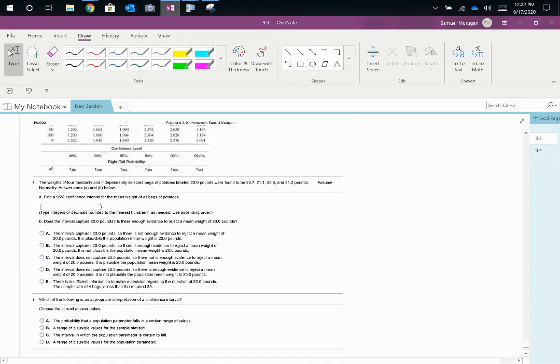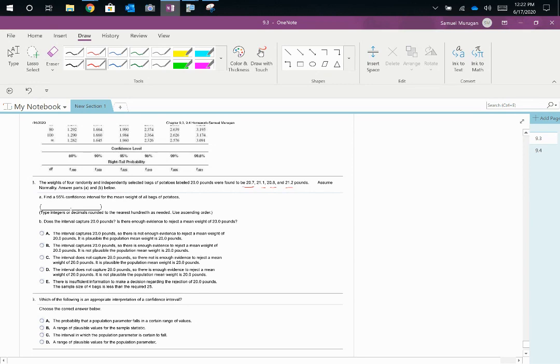All right, question 9, is that what we're at? Oh, I'm sorry, question 8. Question 8. Okay. The weights of 4 randomly independent selected bags of potatoes labeled 20 pounds, 20, 21, 28.8, and 20.2.